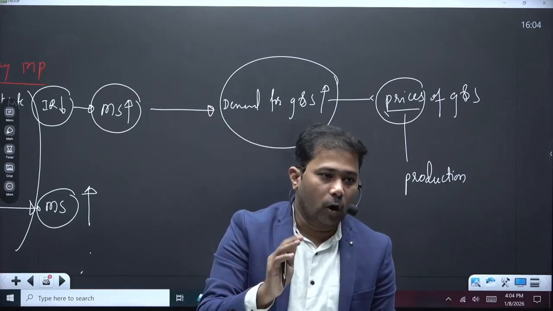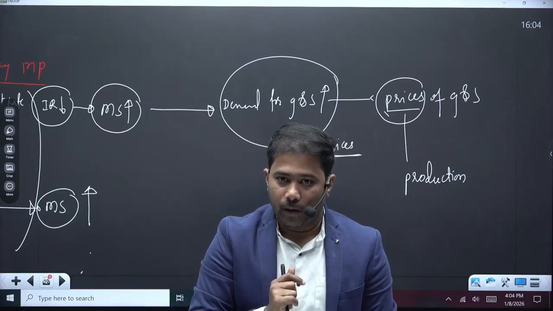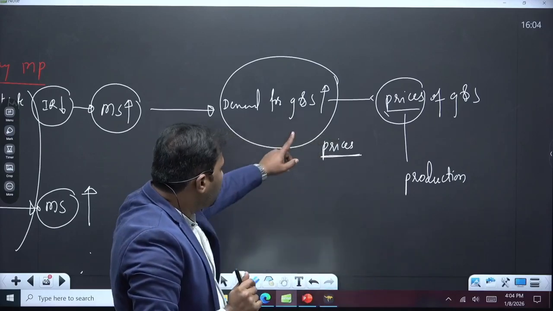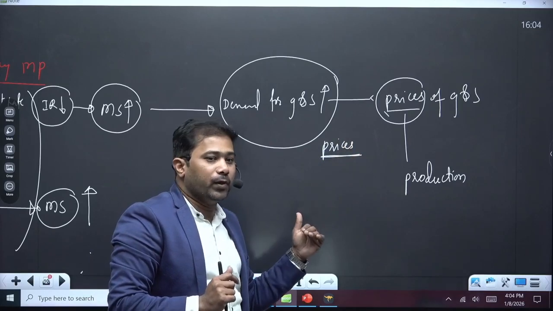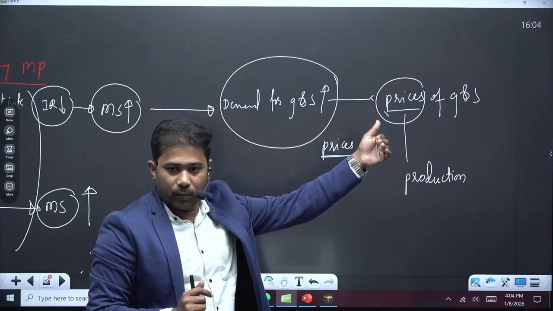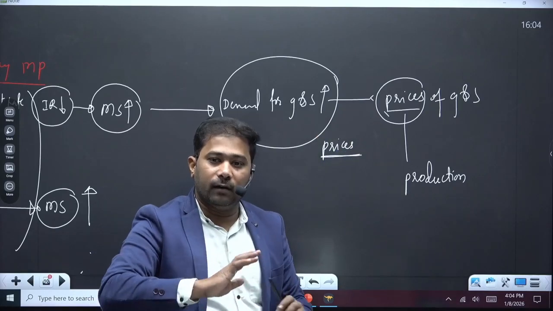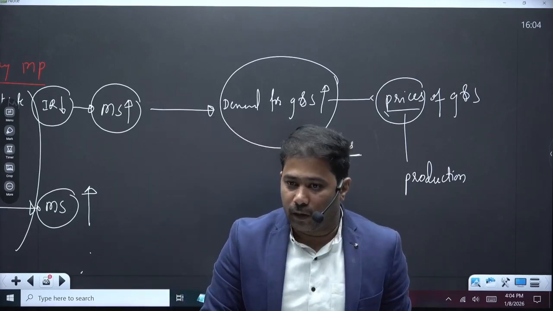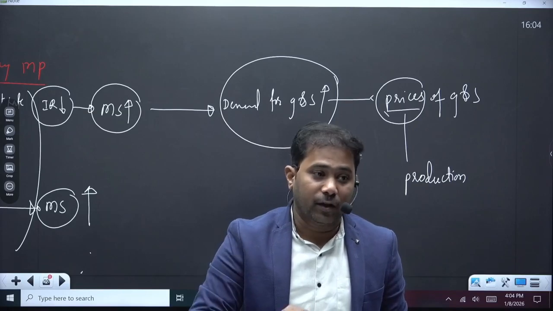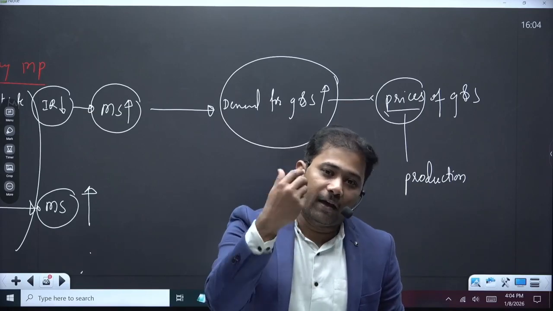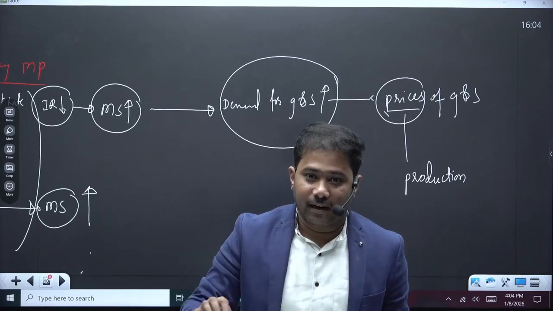How? If you are a farmer cultivating onion or tomato, when the price of onion and tomato is increased from 100 rupees to 200 rupees, suddenly everyone, take a hypothetical example, suddenly a doctor suggested everyone has to have 5 tomatoes every day.